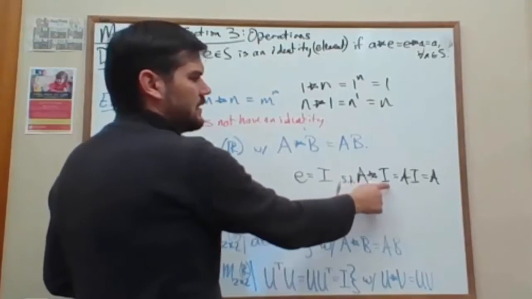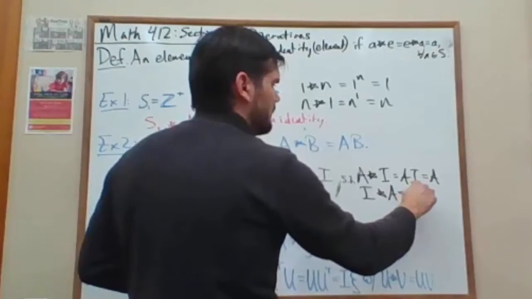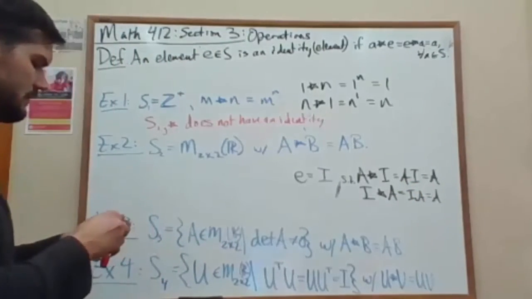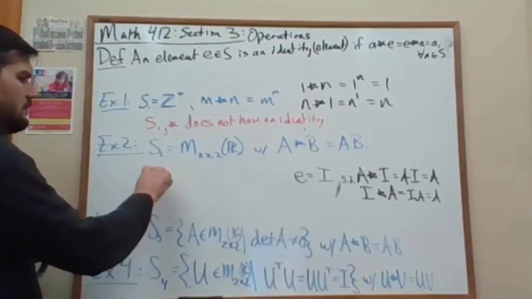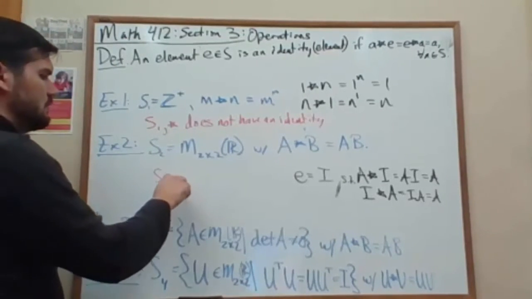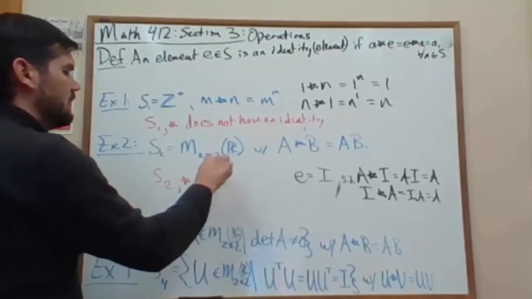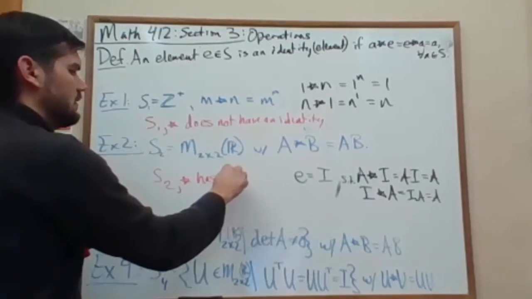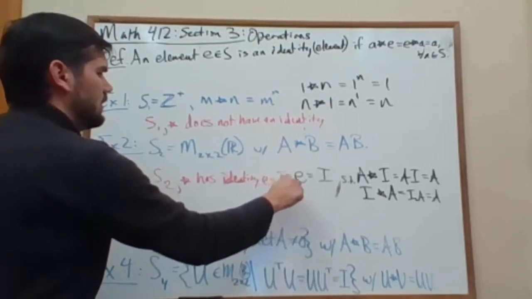If we take A star I and I star A, we get back to the matrix A itself, so yes. S2 with star has identity element E equal to I.